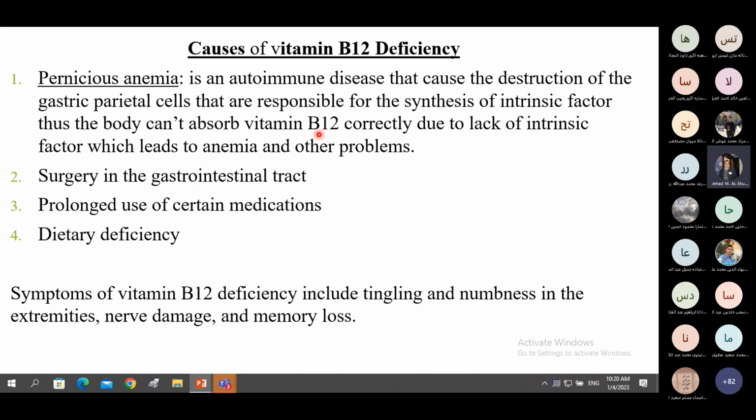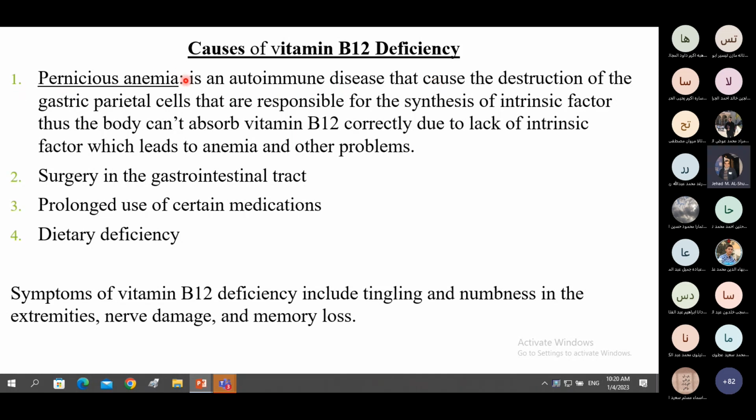This is the normal case. Now, what happens in pernicious anemia? It is an autoimmune disease. What is autoimmune? The immune system in our body fights foreign pathogens, bacteria, viruses, molds, yeast and whatever. This is the normal one. Sometimes the immune system fights the person's own organs, and we call it autoimmune disease.